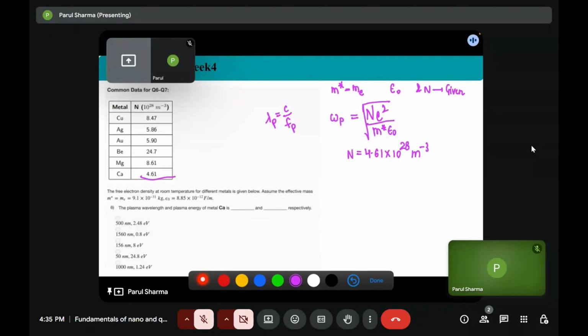After substituting, we get omega p in radians per second. If we have omega p, we can find lambda p.